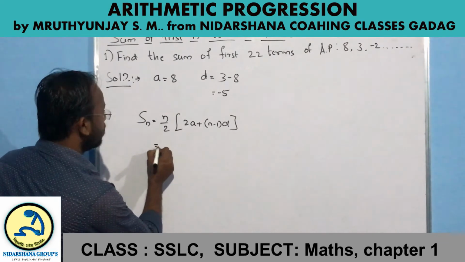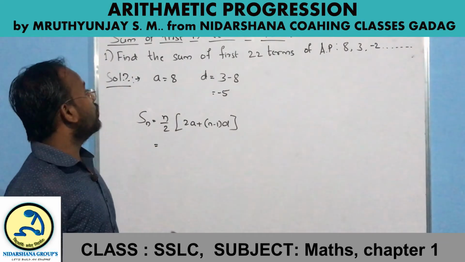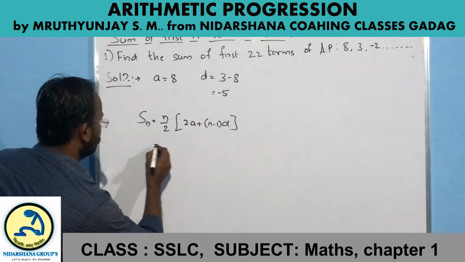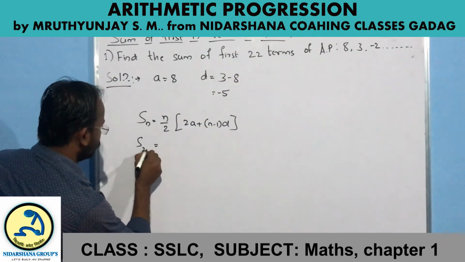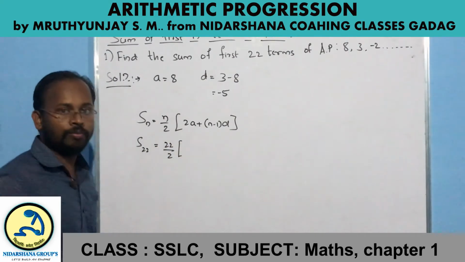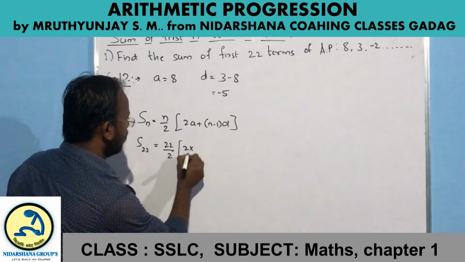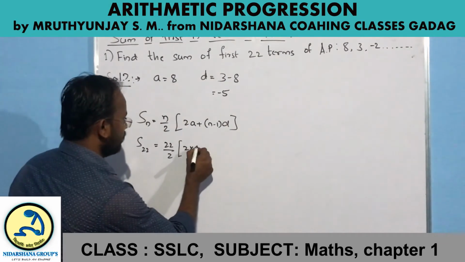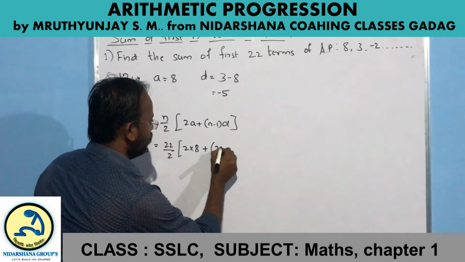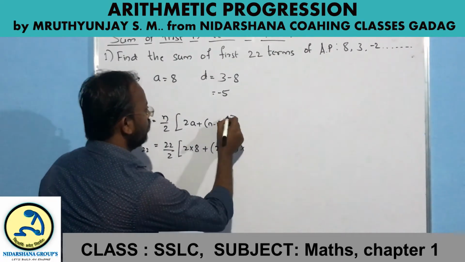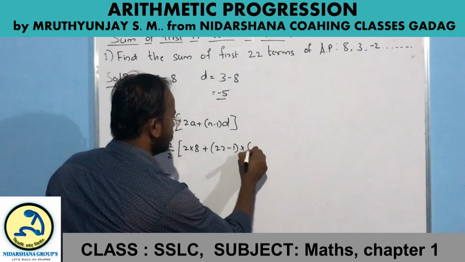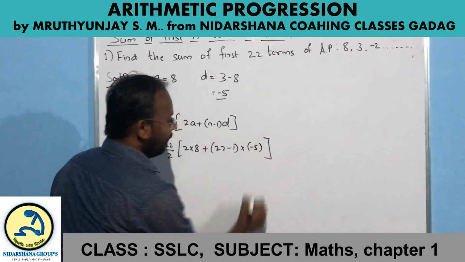So here n is the number of terms, and we need the sum of first 22 terms. That means n is 22. So I will write S22 is equal to 22 divided by 2 into 2 into first term a is 8 plus n is 22, 22 minus 1 into common difference minus 5.